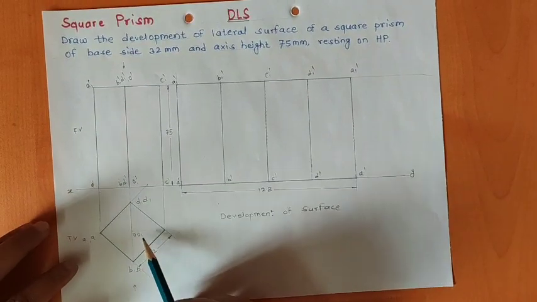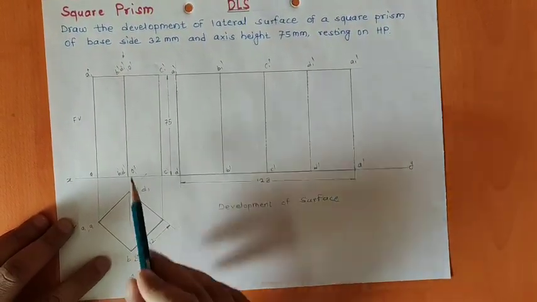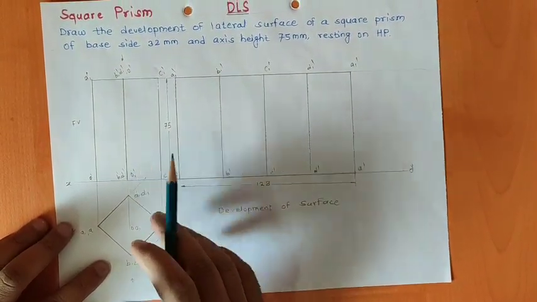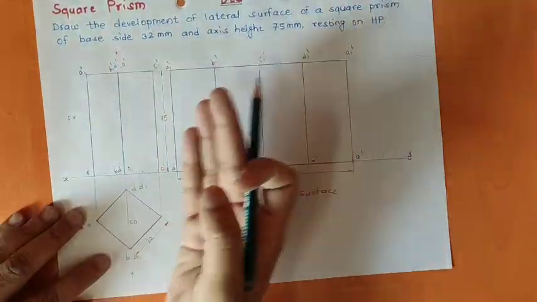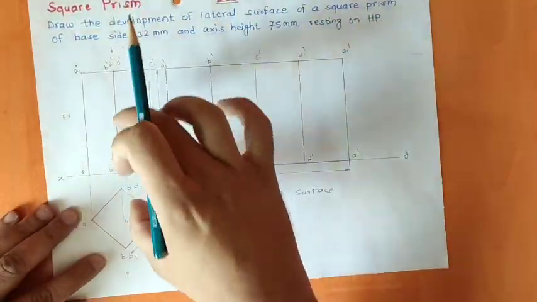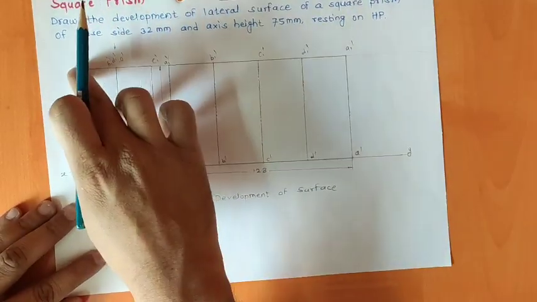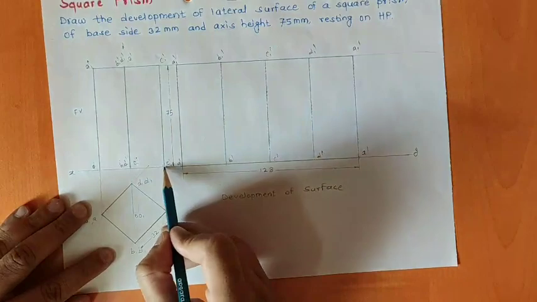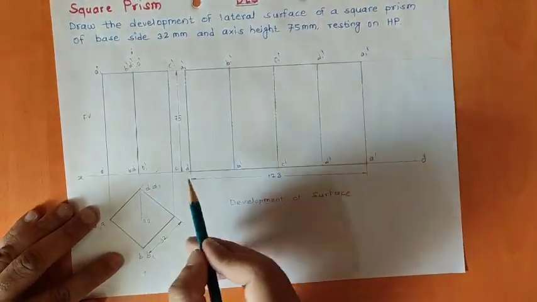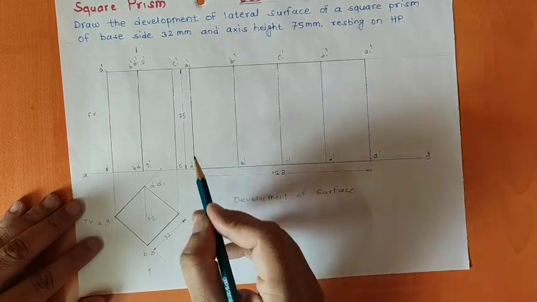You have to draw the front view and top view. In this case it is a square prism, so the top view and front view of a square prism. Once you do that, you have to wrap this with paper. We'll be continuing with the same height. We'll draw a horizontal projector from the top face here, and at an approximate distance we'll take one point. The starting point I have here is A dash, A1 dash.